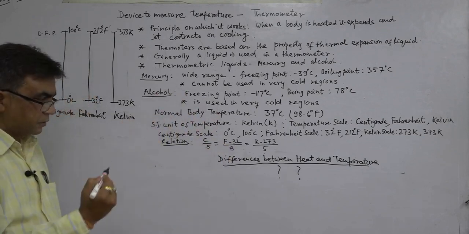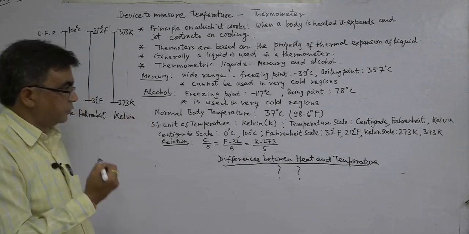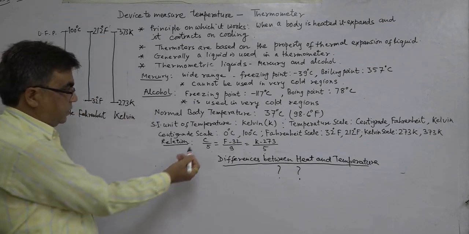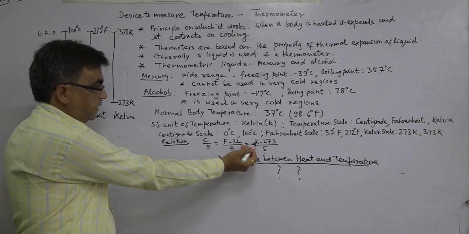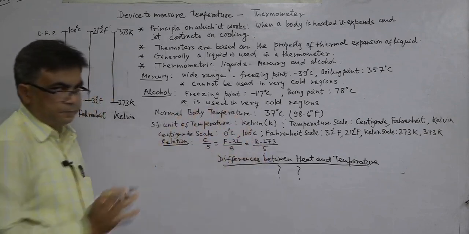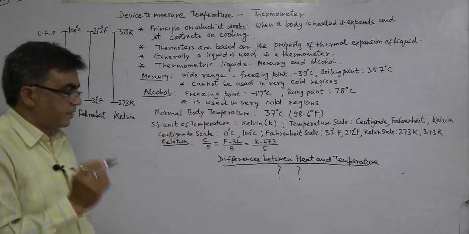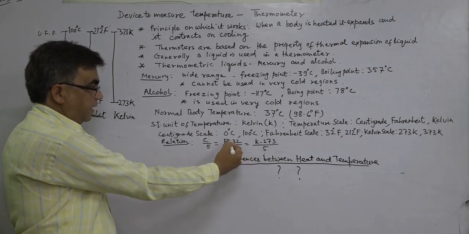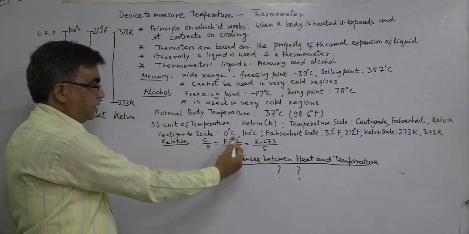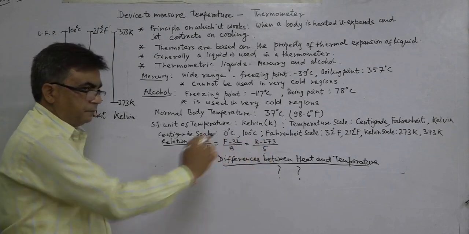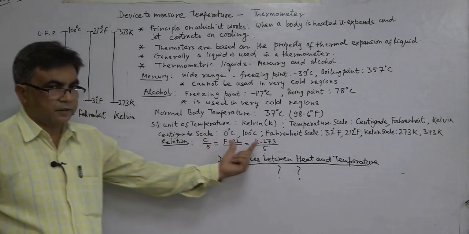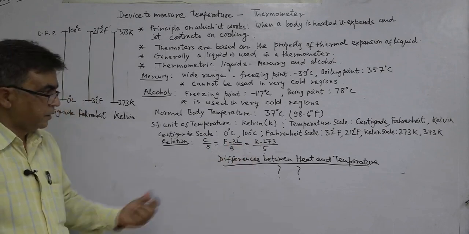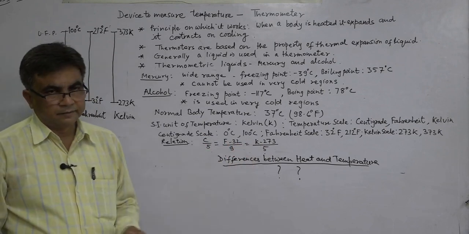If you have to convert centigrade into Kelvin, you use C upon 5 equals K minus 273 upon 5. If you have to convert Fahrenheit into Kelvin, you take F minus 32 upon 9 equals K minus 273 upon 5. So this is the relation for these three scales, centigrade, Fahrenheit and Kelvin.